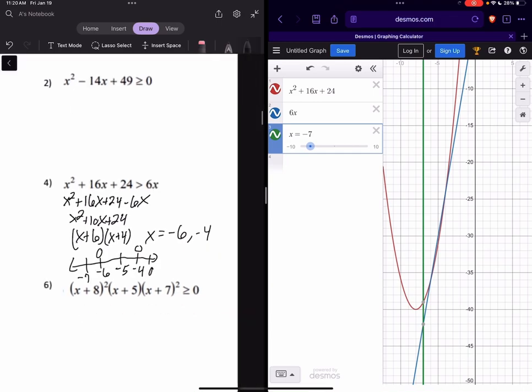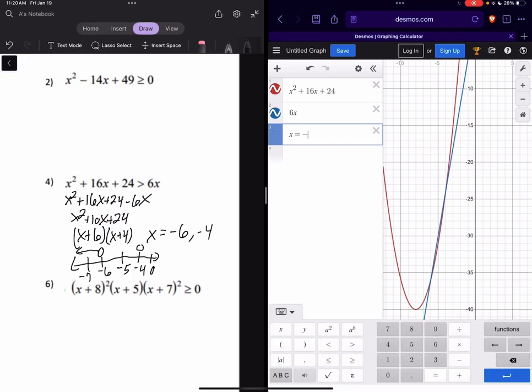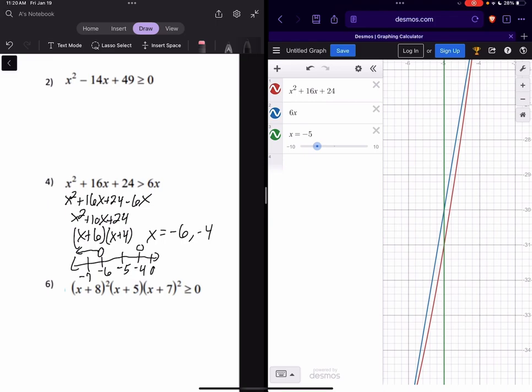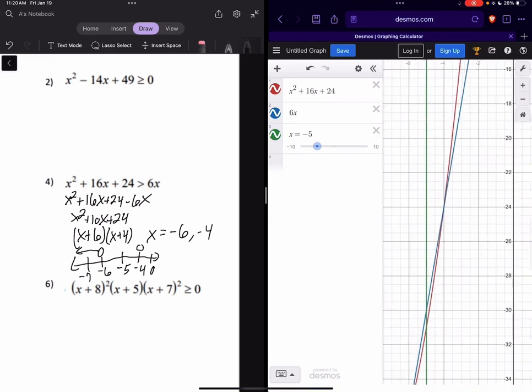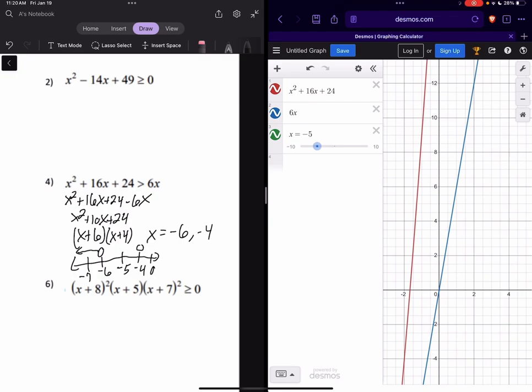So my arrow is going to the left. If I try -5, I'll zoom in. The blue line is higher than red. It is not there. If I look up here at 0, the red line is very much higher than the blue line. The arrow goes to the right.